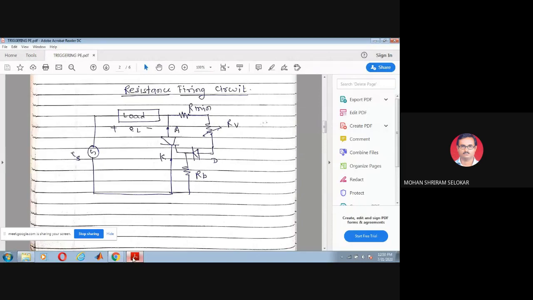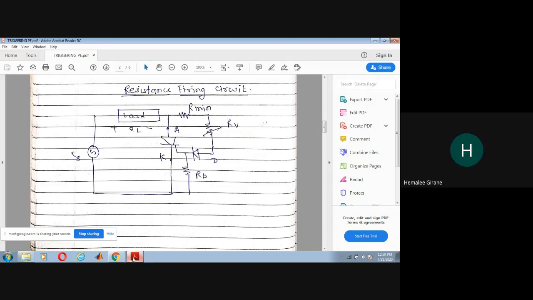Is it an AC gate triggering method? Yes or no, please answer. What do you feel? Do you understand my question?